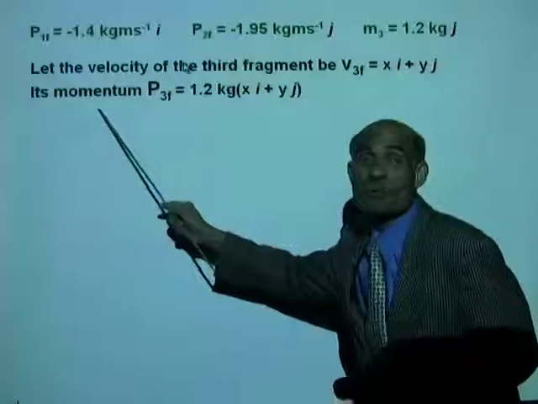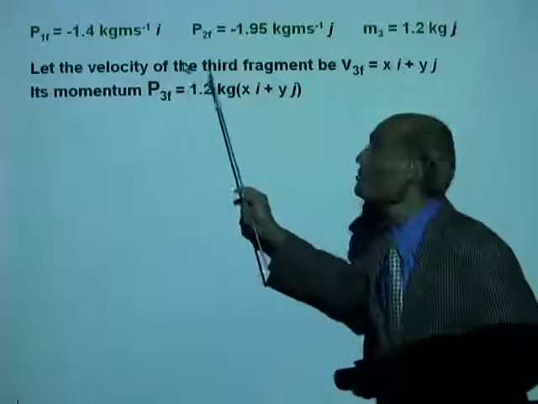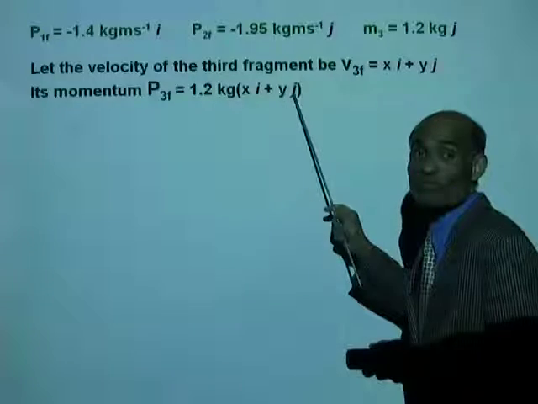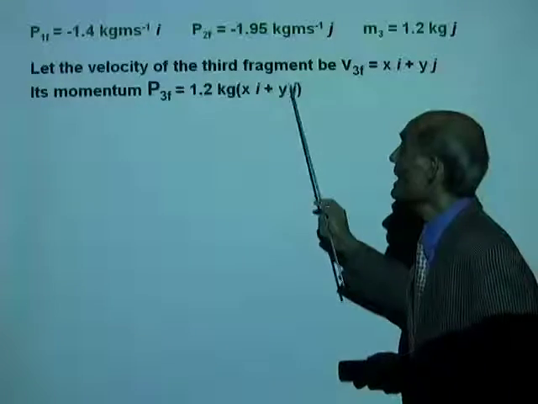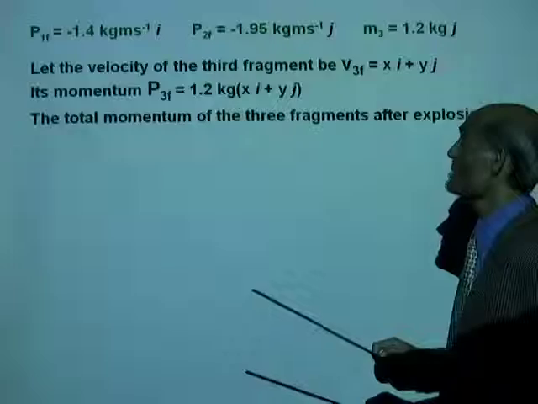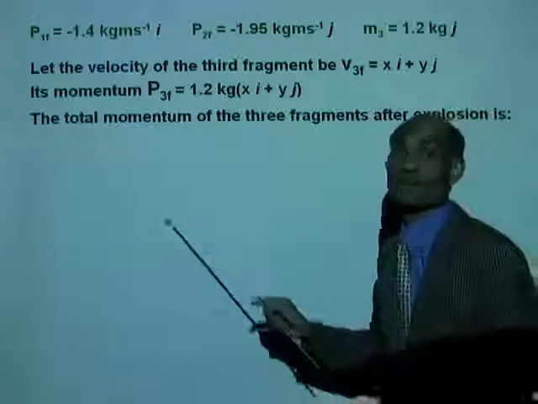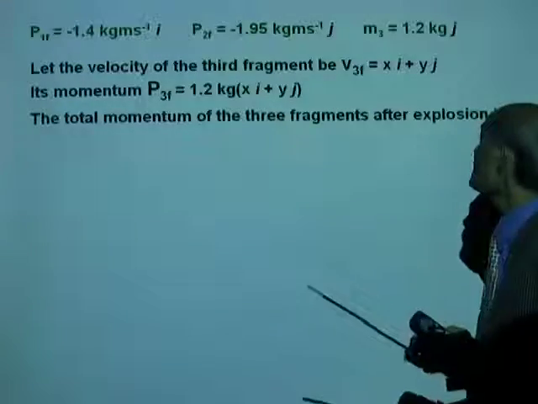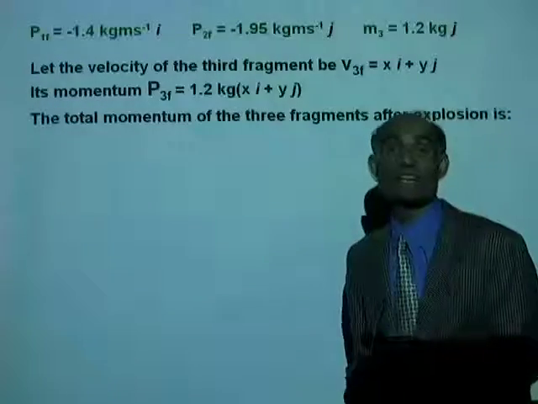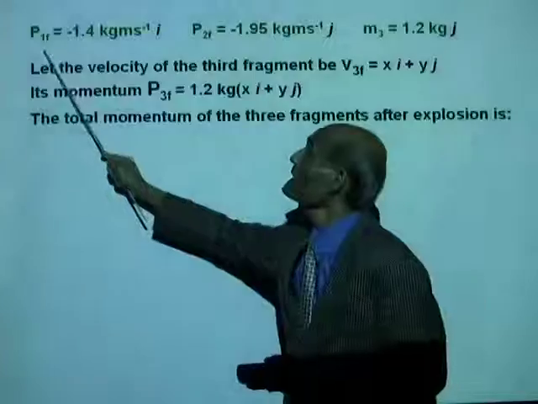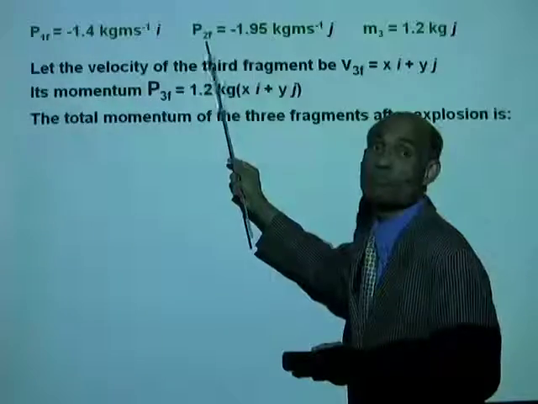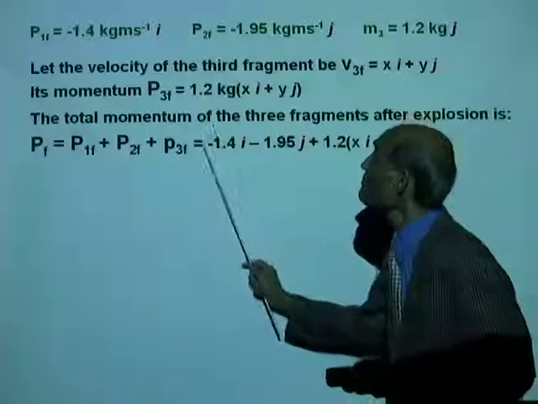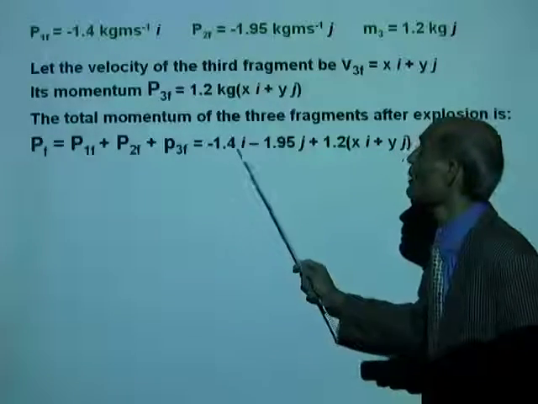Then its momentum will be p3f equal to 1.2 kilogram, mass, times velocity. Velocity is xi plus yj. Now, what is therefore the total momentum of the three fragments after explosion? It will be P1F plus P2F plus P3F. This is P1F, negative 1.4.